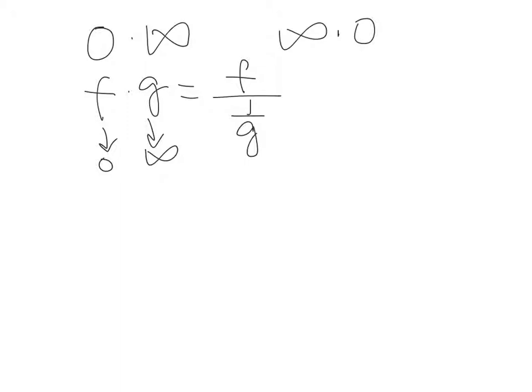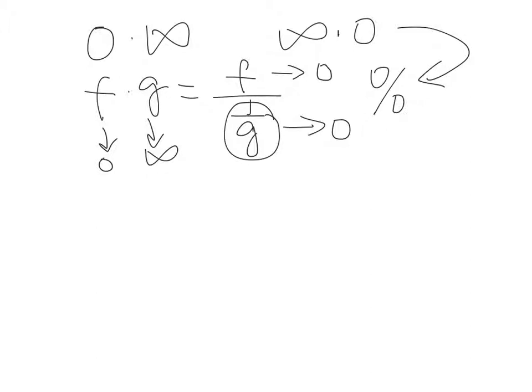So when you revisit this function, look at this, as f goes to 0, 1 over g also goes to 0 because g goes to infinite. Now I have a 0 over 0 form. This is how we change indeterminate product to 0 over 0 type or infinite over infinite type.